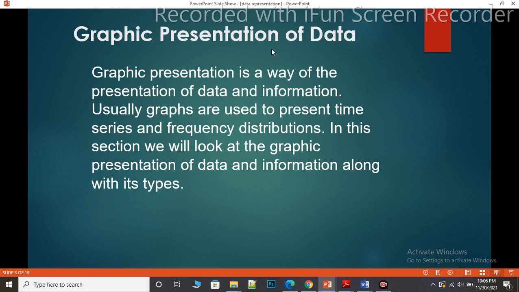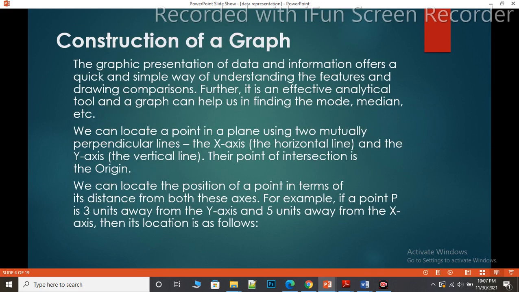Graphic presentation is a way of presentation of data and information. Usually graphs are used to present time series and frequency distribution. In this section we will look at the graphic presentation of data and information along with its types.